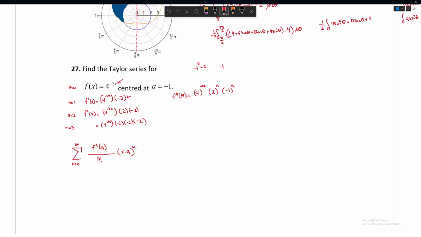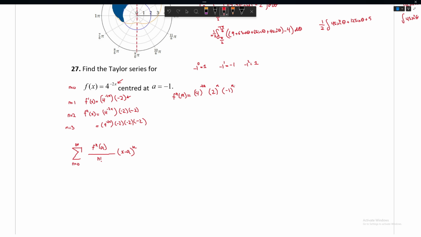And if I do negative 1 to the 1, this will give me a negative 1, and this is negative, right? And then negative 1 to the 2, this will give me a positive. When you square a negative, you get a positive. And you see negative 2 times negative 2 is positive, right? And so that's how you can represent it.